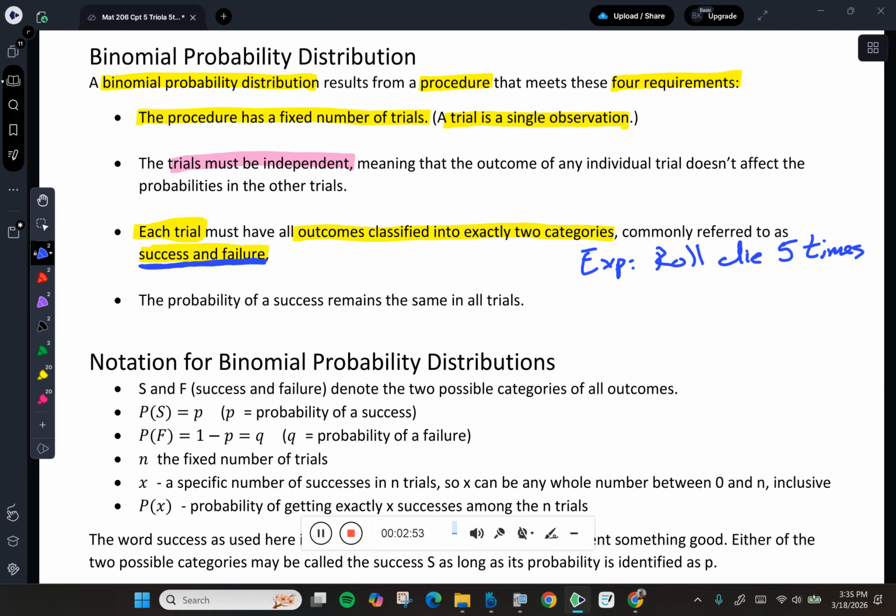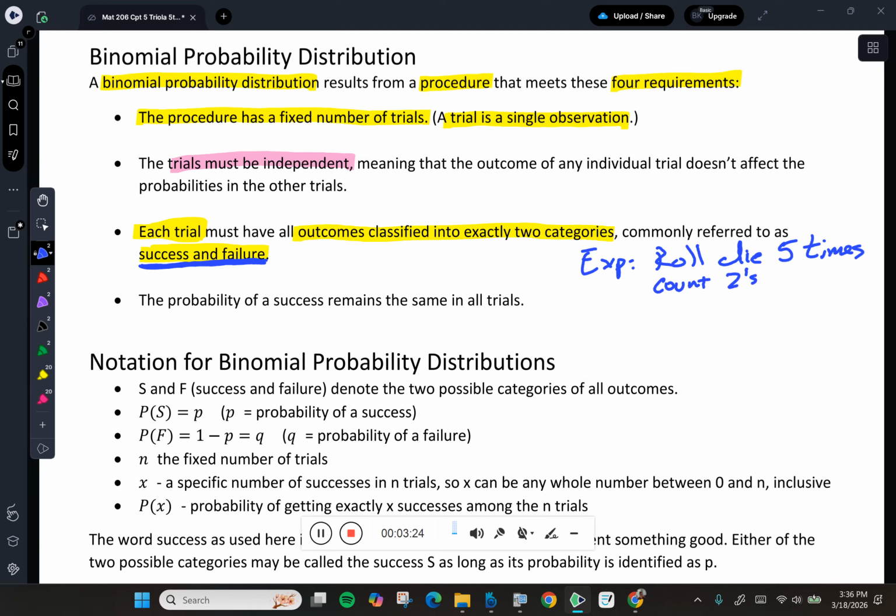Right? And now I know at least one person is thinking, wait, there's 6 sides, 6 faces on a die, so there's 6 outcomes every time. No, I've got to write my experiment in such a way that there's only 2. So I would say my experiment is to roll a die and count 2s. So now every time I roll the die, it's either success because I rolled a 2, or it's failure because I rolled anything other than a 2.